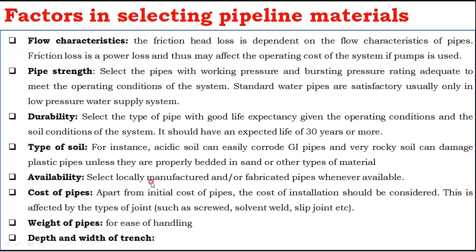Availability: select locally manufactured or fabricated pipes wherever available. If your water system plant is in Belgium, then why purchase pipes from Bangalore? Here some manufacturers are there, you can ask them to prepare pipes for your requirement and they will prepare them. Cost of the pipes you can also consider.